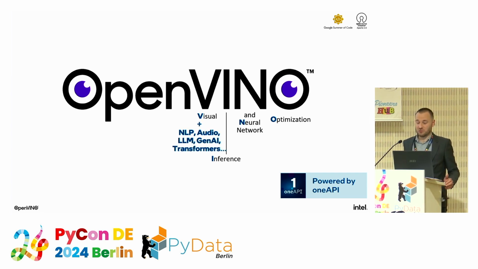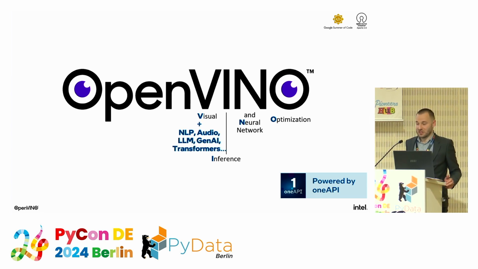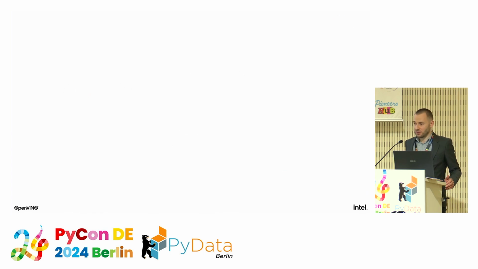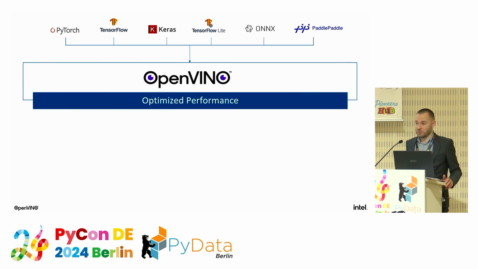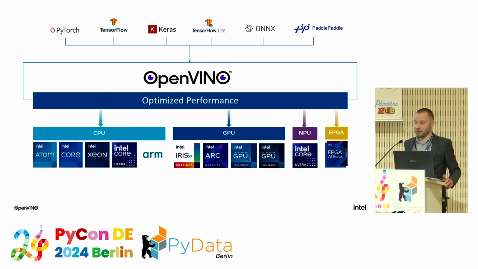It also works with NLP, audio processing, large language models, generative AI, transformers, and so on, so right now it's for general use. If you have your model in one of these frameworks, PyTorch, TensorFlow, Keras, TensorFlow Lite, and so on, then you can use OpenVINO for optimizing your performance and running on a variety of different hardware like CPUs.